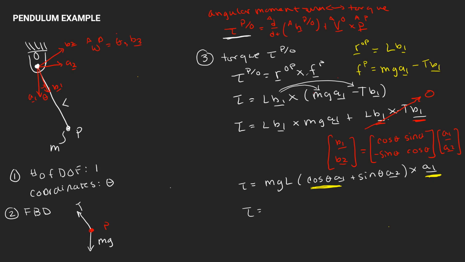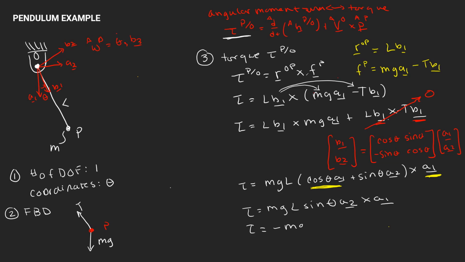So all we have to worry about is mgL sine theta A2 crossed with A1. And A2 crossed with A1 is going to give us a negative A3.